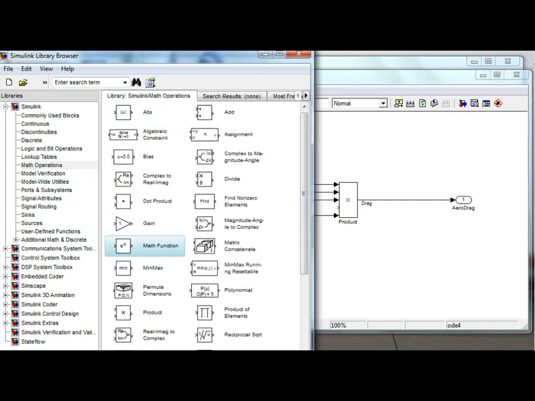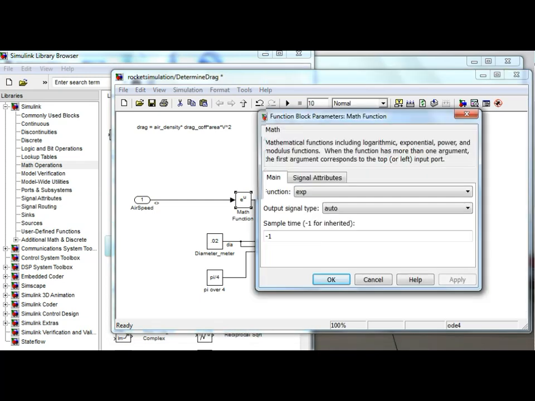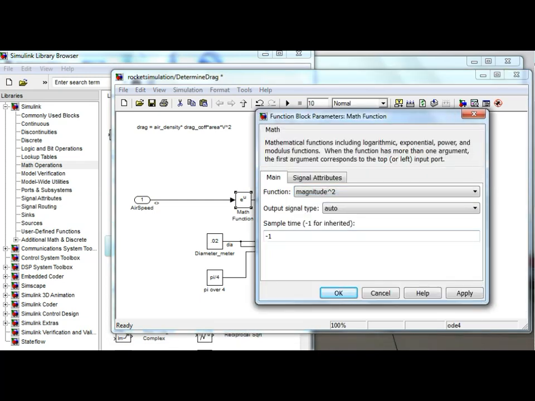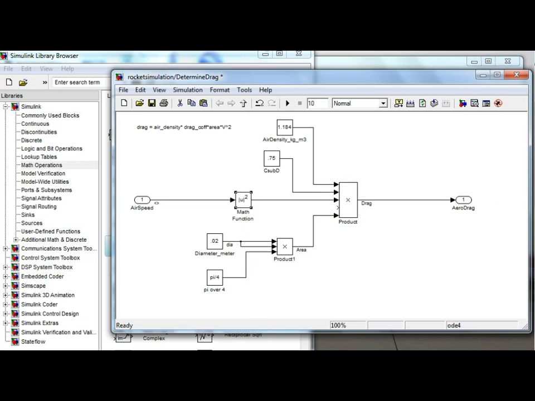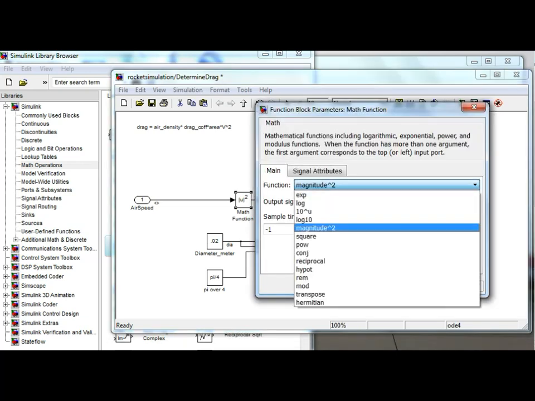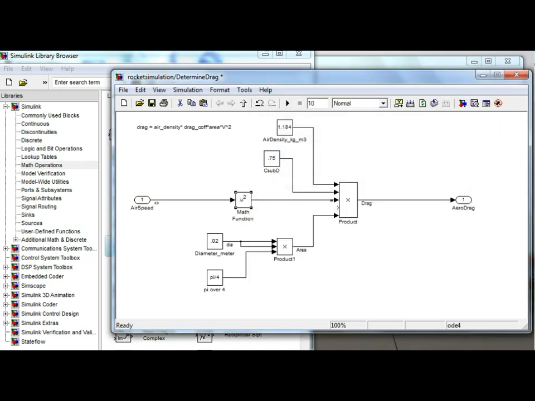I'll drag this into here, slide it up, slap it right on top of that line. Open this up. Instead of exponential, I will do magnitude squared. Well, not magnitude squared. I want just square, right? Square. And this is now v squared.